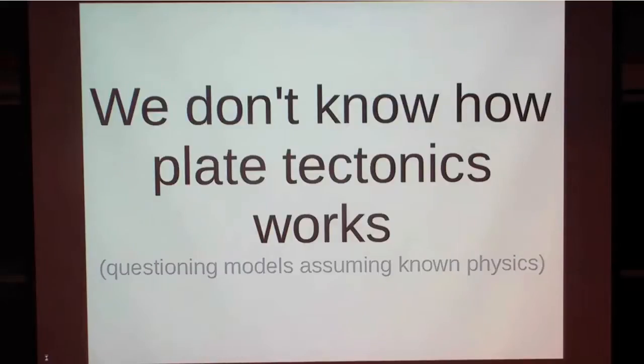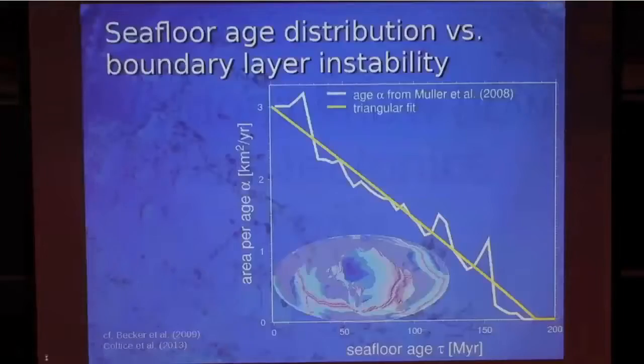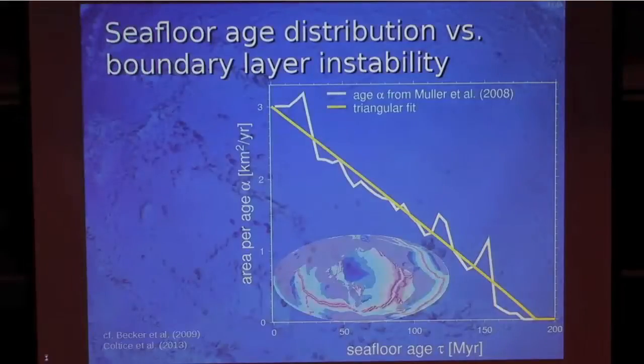the flip side of this is, well, we don't know how plate tectonics works, right? And there was one example how the model did not match the observations. And so there are some first order things where we're really just beginning to understand what's happening. Here's, for example, something I like, the area per age, the distribution of seafloor age as a function of age.